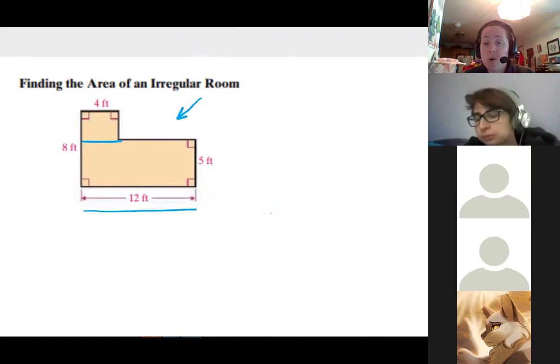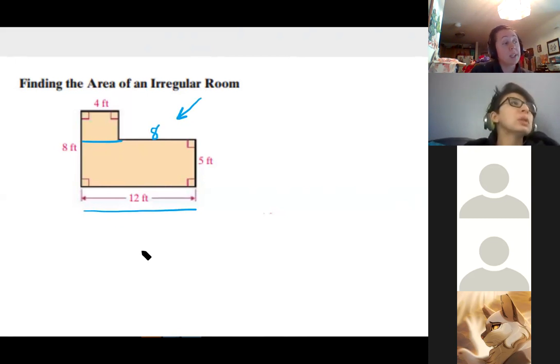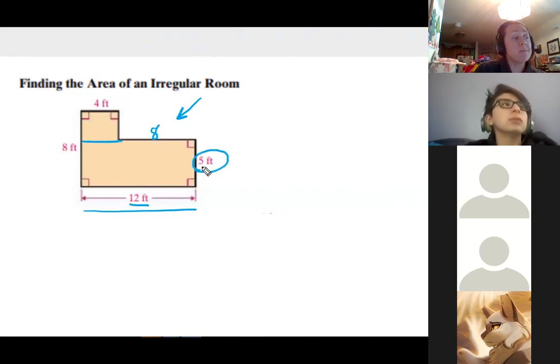Because we need to know all of the sides there. 8, right? Because we would take that 4 and subtract it from 12. So this is 8. Good. Then area of these figures is just length times width. Length is 12, width is 5. 12 times 5 gives me 60.